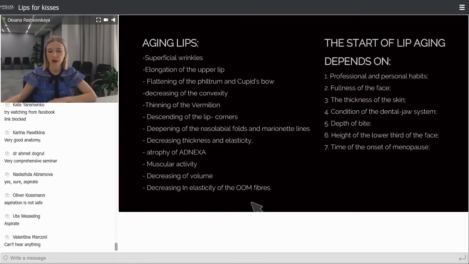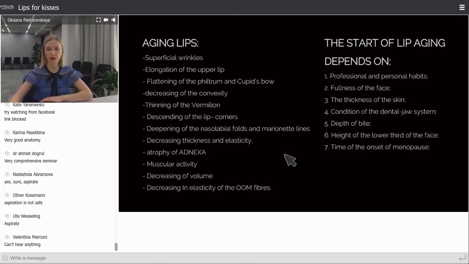And for decreasing elasticity of the orbicularis oris muscle, we could also use biorevitalization, it's hyaluronic drugs, to prevent the atrophy of tissues. And I also use such drugs, or hyaluronic acid with succinate, to work with the upper lip in the area where smokers' wrinkles could appear.